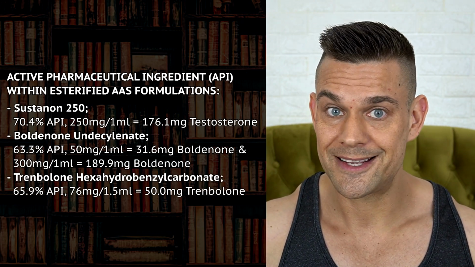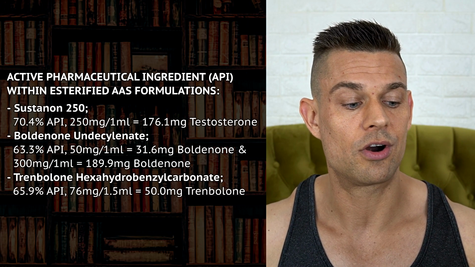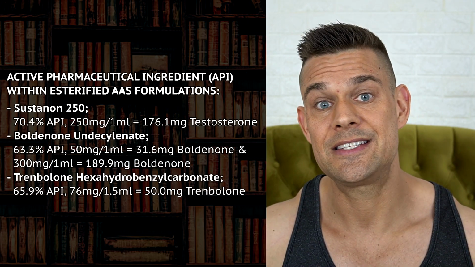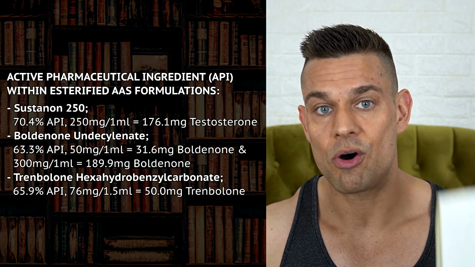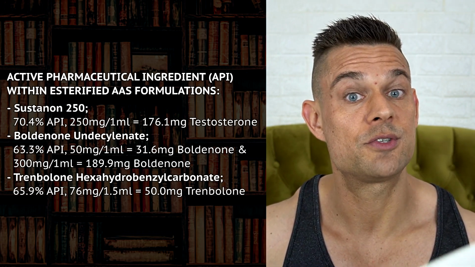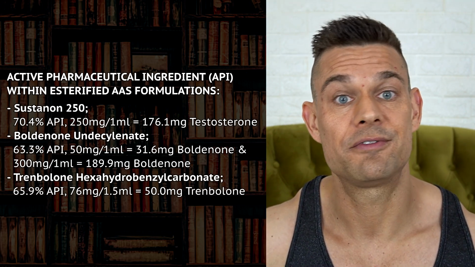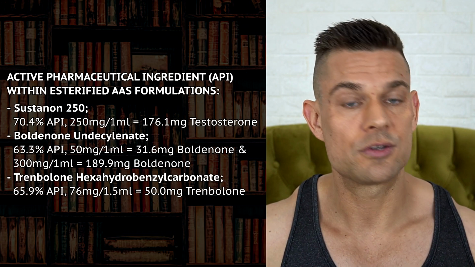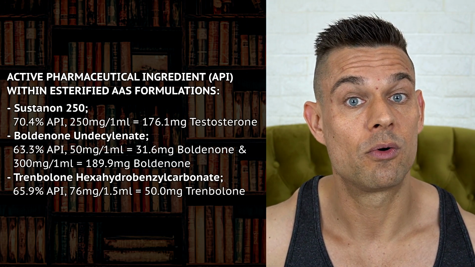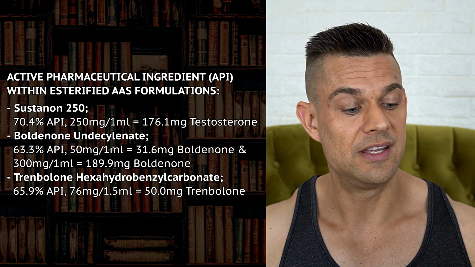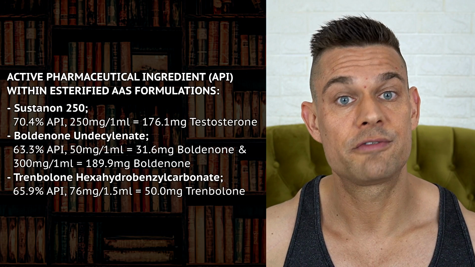And don't forget about Parabolan. Trenbolone hexahydrobenzylcarbonate is 65.9% trenbolone. And this is the only formula on this list which was specifically designed to yield a round number of active pharmaceutical ingredients. Those old Parabolan amps were 76 milligrams per 1.5 milliliters, yielding exactly 50 milligrams of trenbolone.